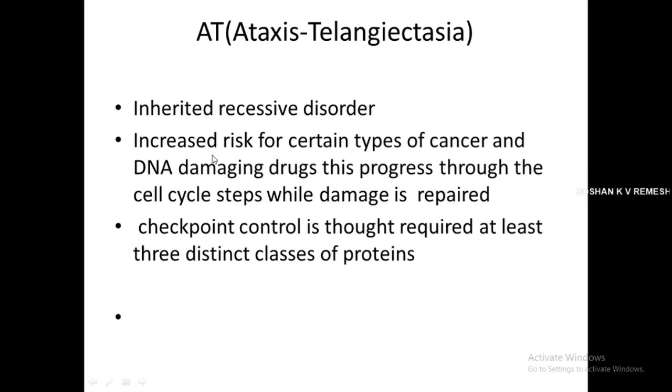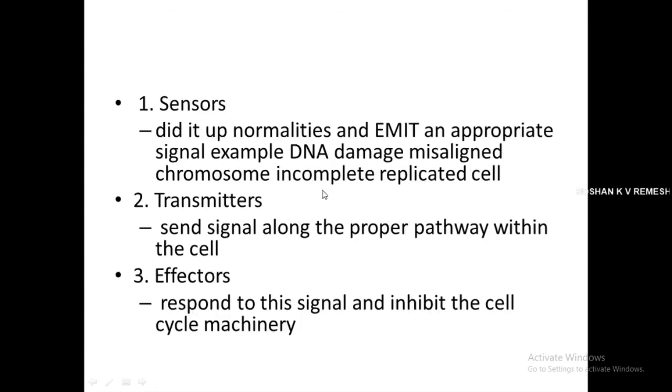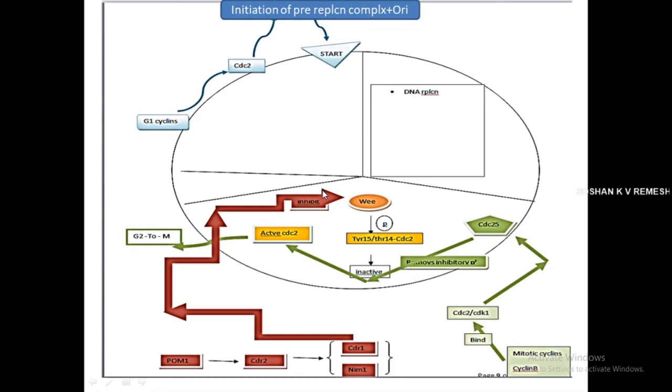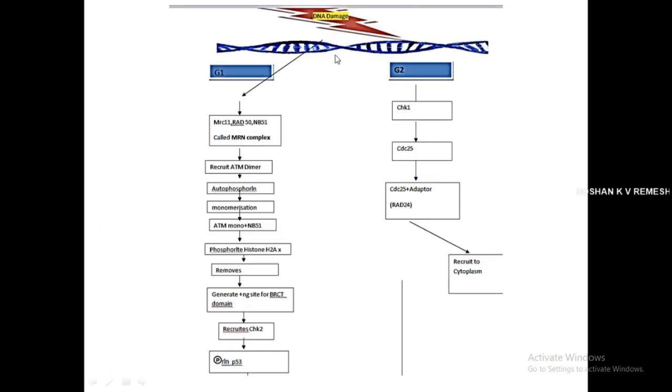These individuals have a high risk for certain types of cancer and for DNA damage from drugs or other agents. You know why? Because there is no functional ATM gene to recognize the DNA lesions, so DNA damaging chemicals or other agents that cause DNA damage may not be recognized by the ATM. So the downstream proteins cannot get activated. So the p53 cannot get phosphorylated.